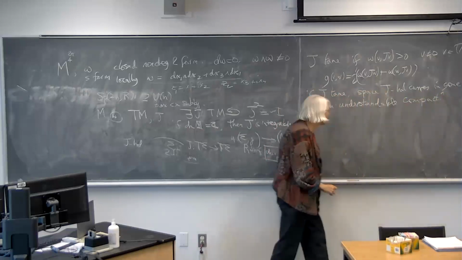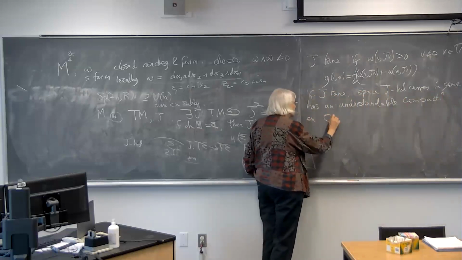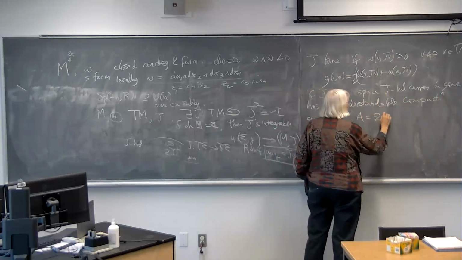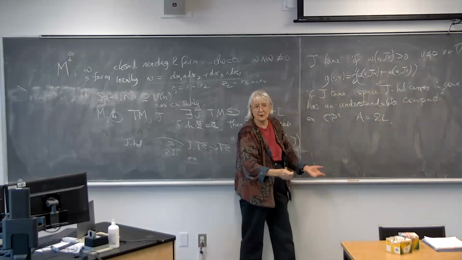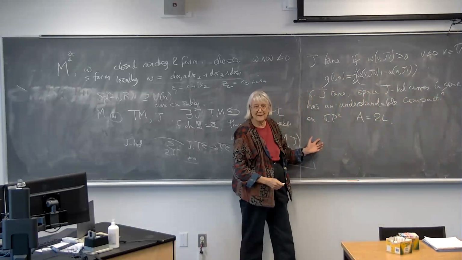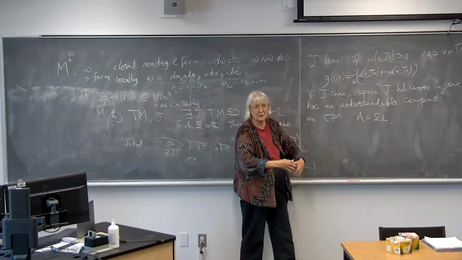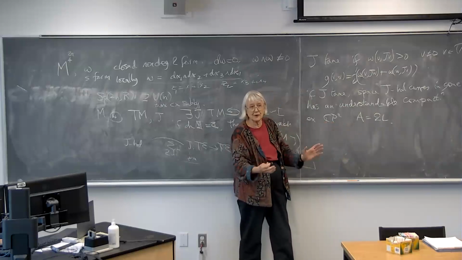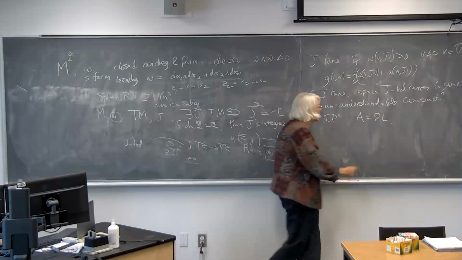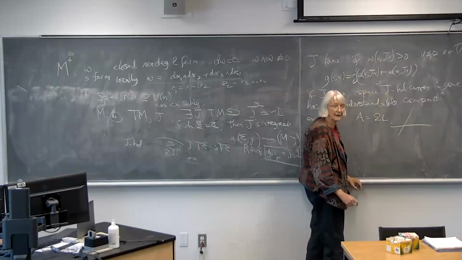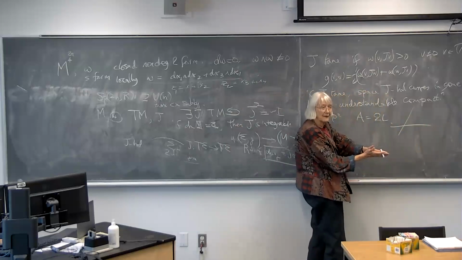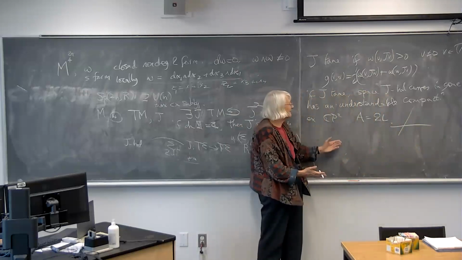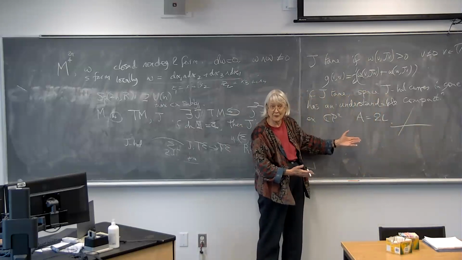For example, suppose you're in CP2 and the class A you're looking at is twice the line class. So you're looking at conics. You look at the space of all these conics in CP2. That's not compact because they can degenerate into pairs of lines, or they could be two coincident lines. So you have this non-compact space. On the other hand, they can't do anything worse than that.